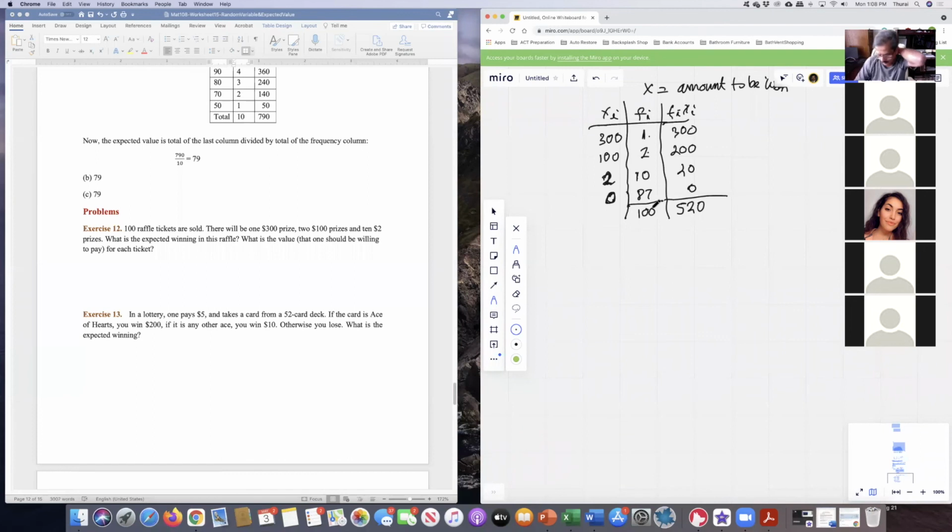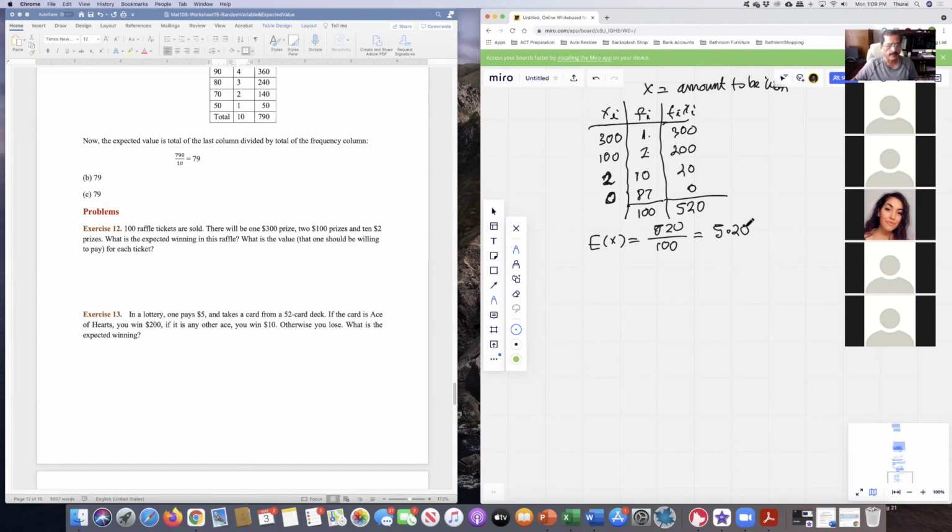Remember, because 100 raffle tickets were sold, the frequencies have to add up to 100. So the expected value is 520 over 100, which is 5.2.